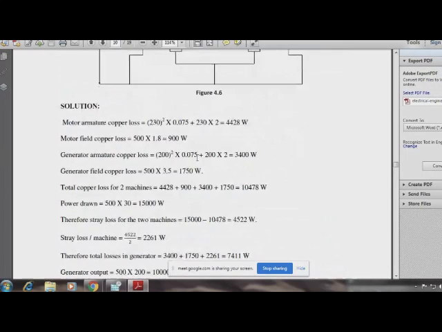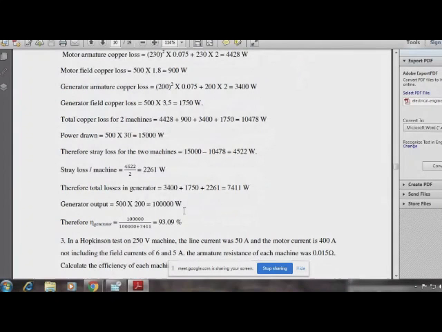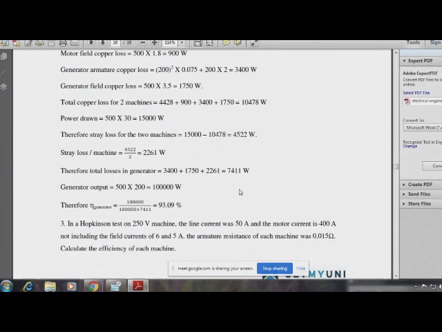Therefore, it is 1 lakh watt. The efficiency now is output, which is 1 lakh, divided by output, again 1 lakh, plus total losses 7,411. Therefore, we start from output, arrive at input by adding losses to the output. Any doubt?